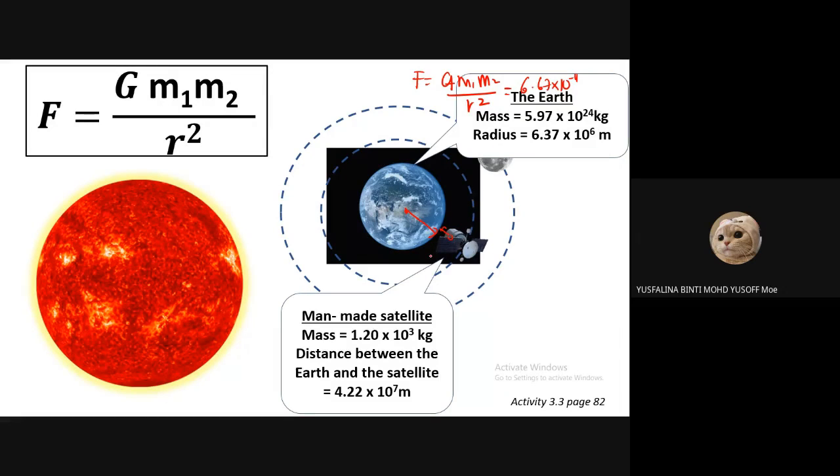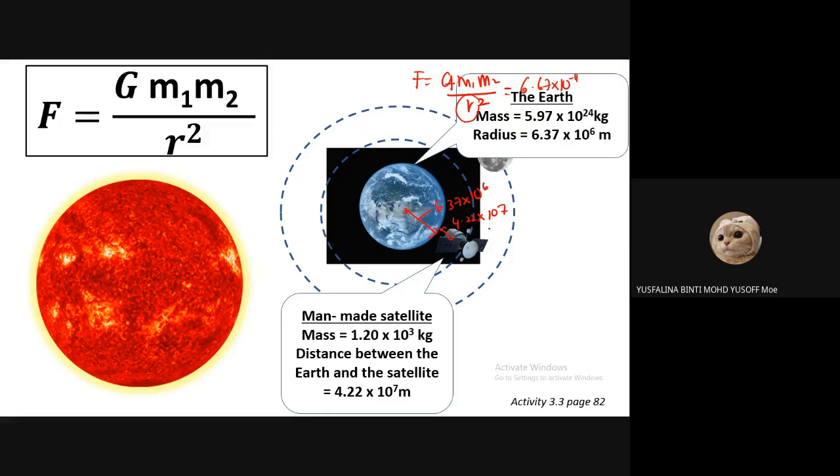The distance between the Earth and satellite is 4.22 times 10 power of 7, and the radius of the Earth is 6.37 times 10 power of 6. So for R, you have to be careful which one you take: the radius of the Earth, or the distance between the Earth's surface and the man-made satellite.